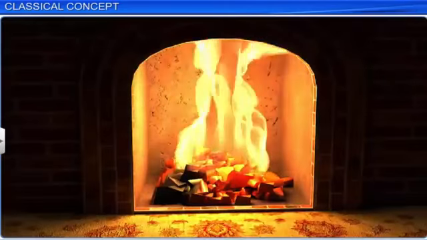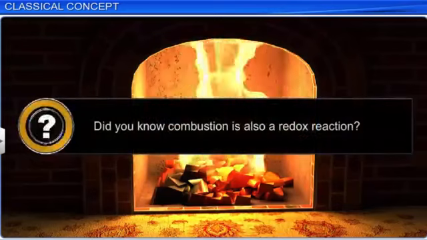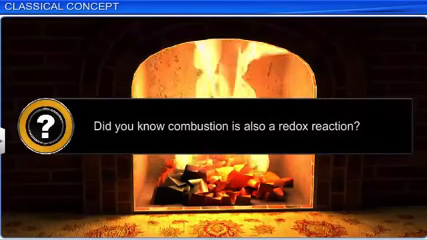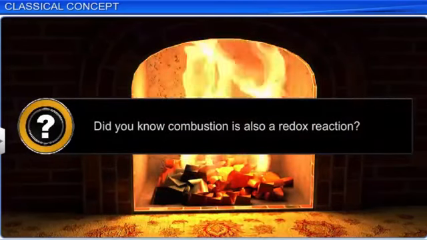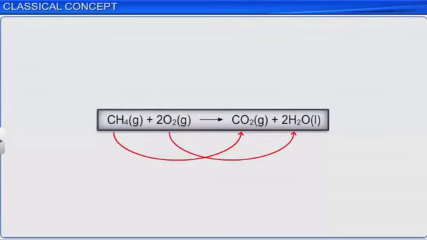Did you know combustion is also a redox reaction? Here's a combustion reaction of a hydrocarbon, methane. We know that oxygen is required for combustion. Methane reacts with oxygen to give carbon dioxide and water.